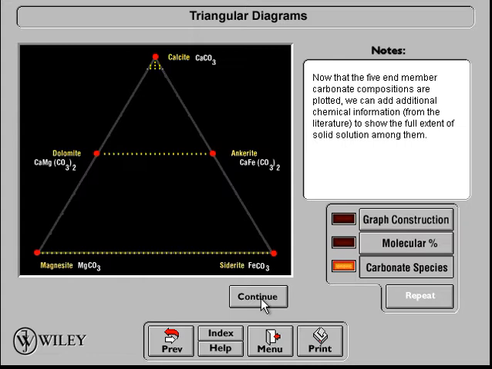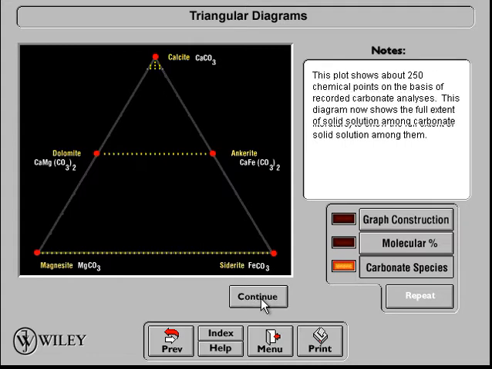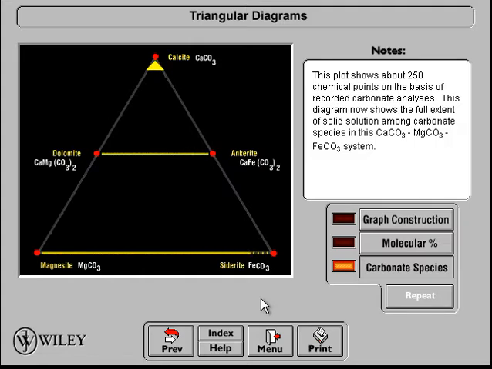And that we have here. We press continue. This plot shows about 250 chemical points on the basis of the recorded carbonate analyses.